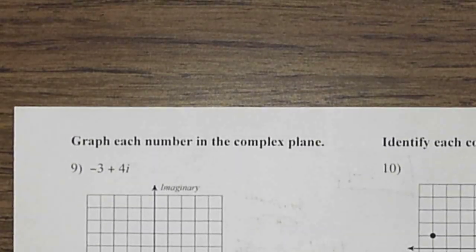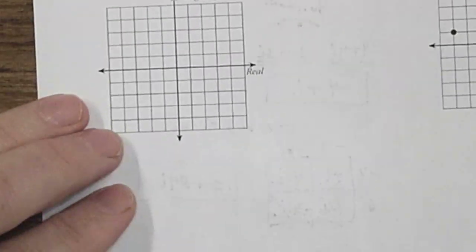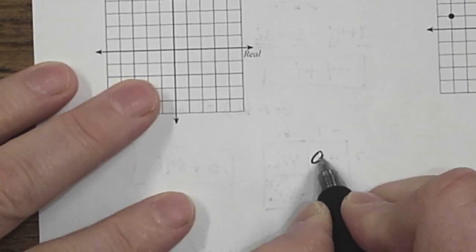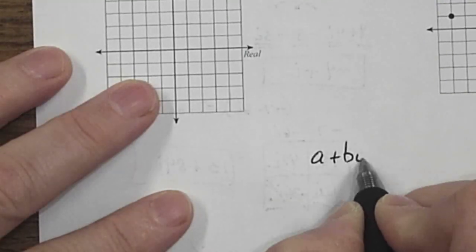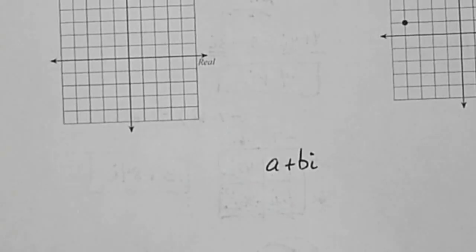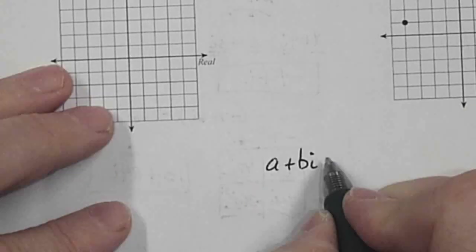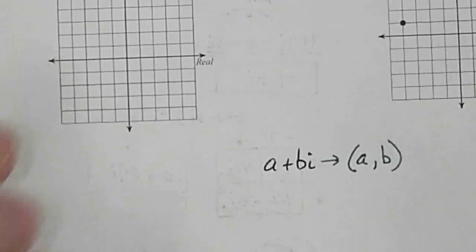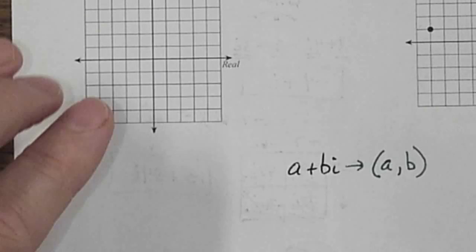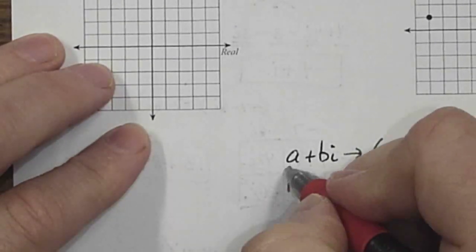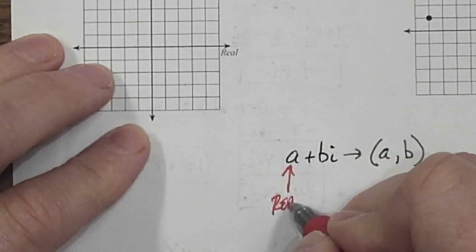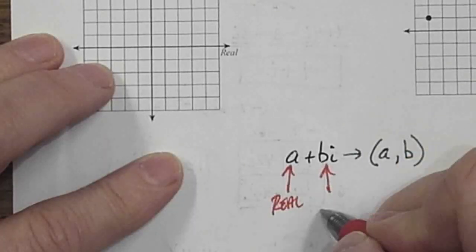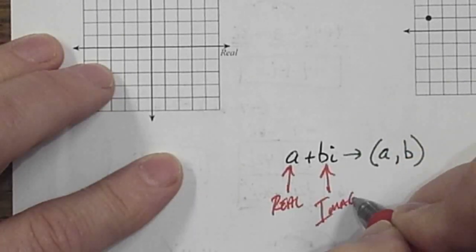Lastly, graphing. Graphing is actually kind of easy. Every single imaginary number can be thought of as an ordered pair with a and b, like x, y. This first part, this a, is my real part, and my b is my imaginary part.